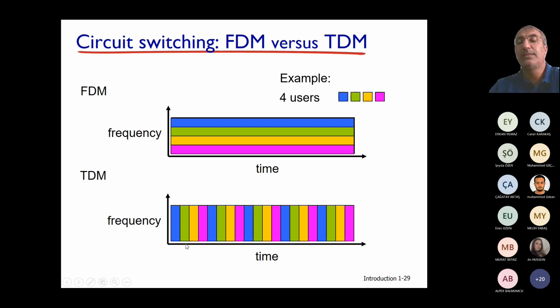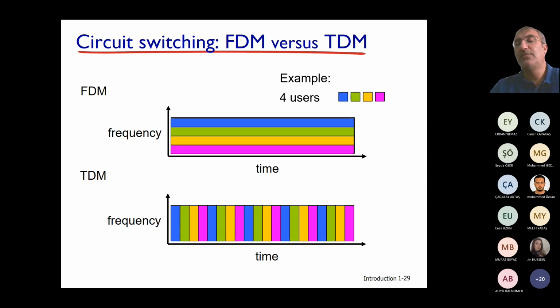We are gonna split the time into 4 time slots. The first time slot is gonna be allocated to the blue user. Once he completes using the full channel, which is 4 megahertz, then the second user, the green user, is gonna use the full channel, which is 4 megahertz, and then the others and the others.